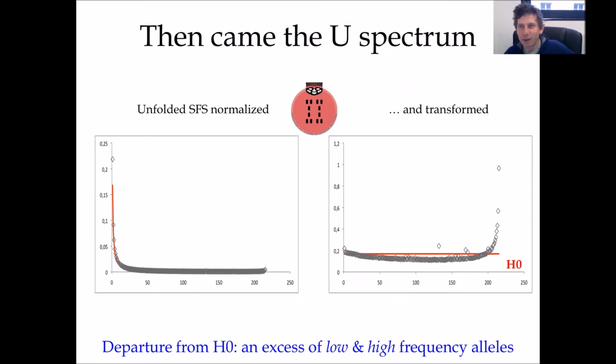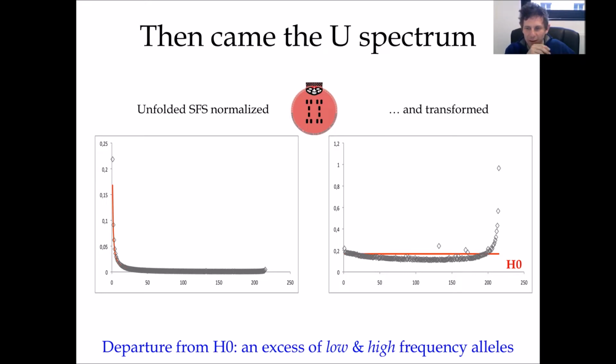So now your problem has completely changed, right? Before, you had to explain why there was an excess of low frequency variants. Now you have to explain why there is an excess of low frequency variants and very high frequency variants.